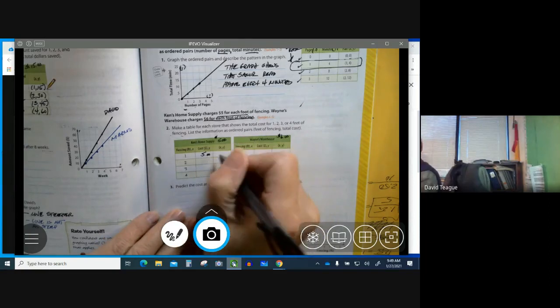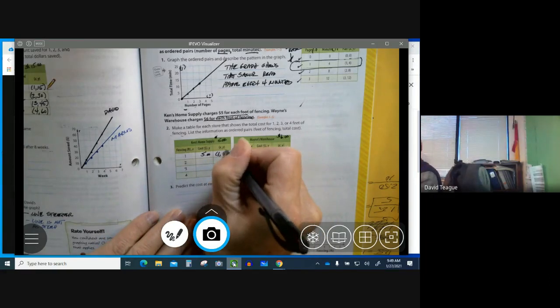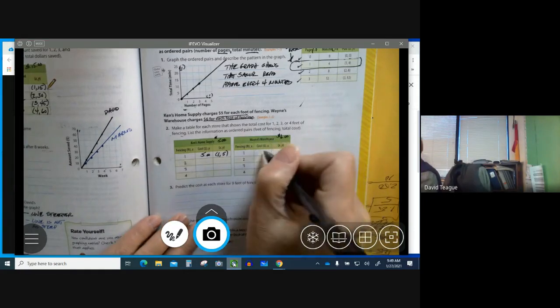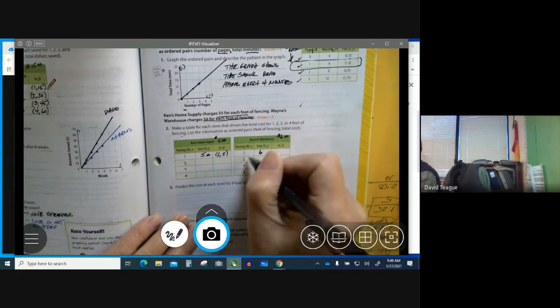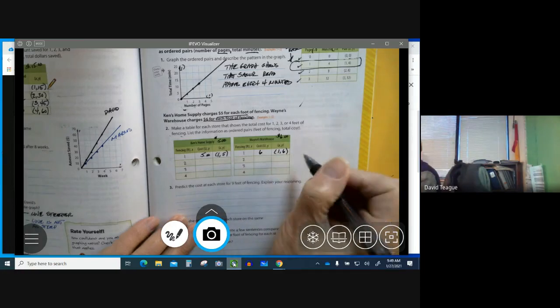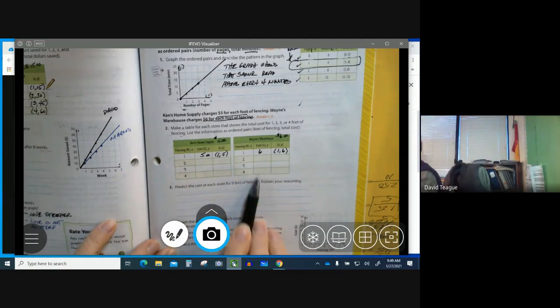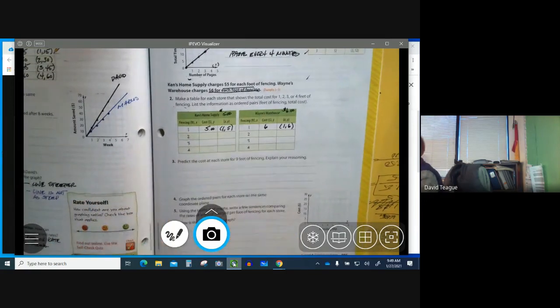And the ordered pair is going to be (1, 5). Okay. Wayne's, his is $6, right, for every foot, and that ordered pair would be (1, 6). So I want you to take 2 minutes, and I want you to complete this ratio table, and write your ordered pair.